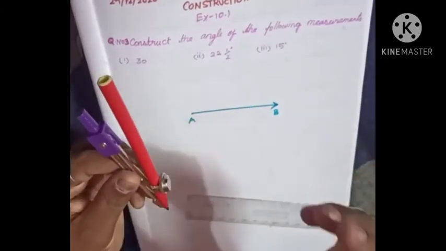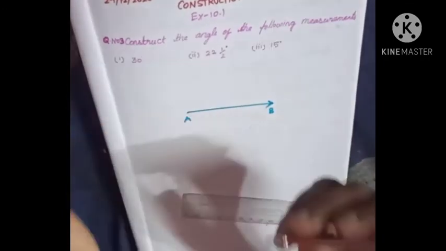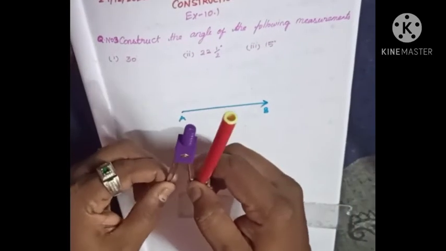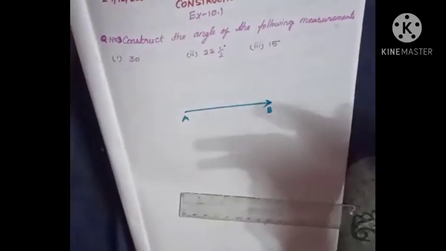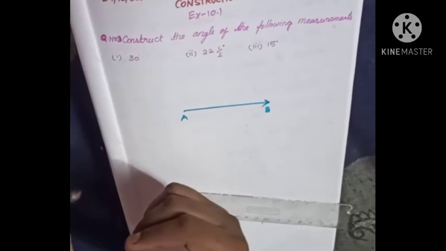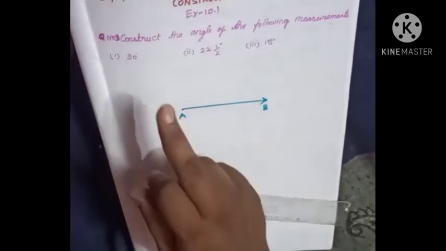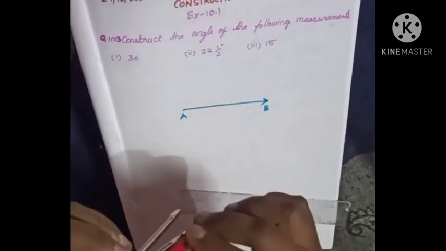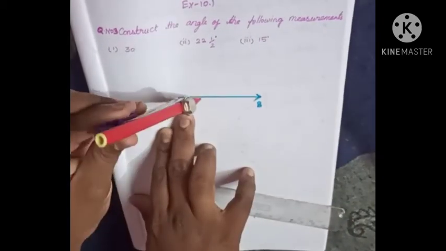Okay, so I just take it without measurement, I just open the compass with any radius, but this is the initial radius until you complete the 30 degree. Now I take A as center like this.